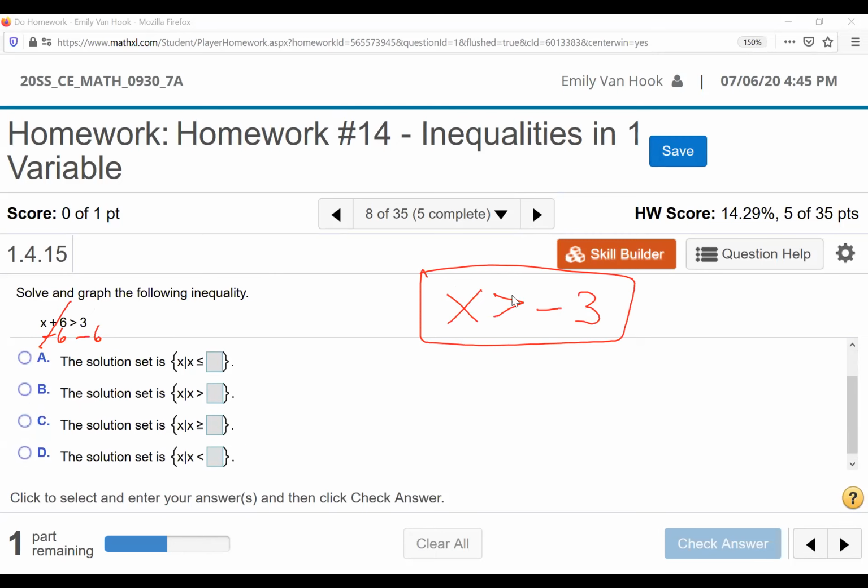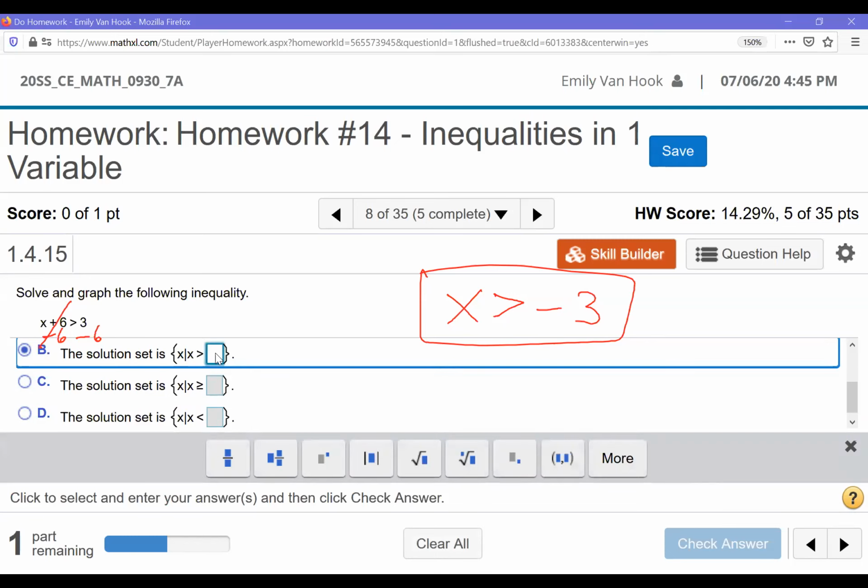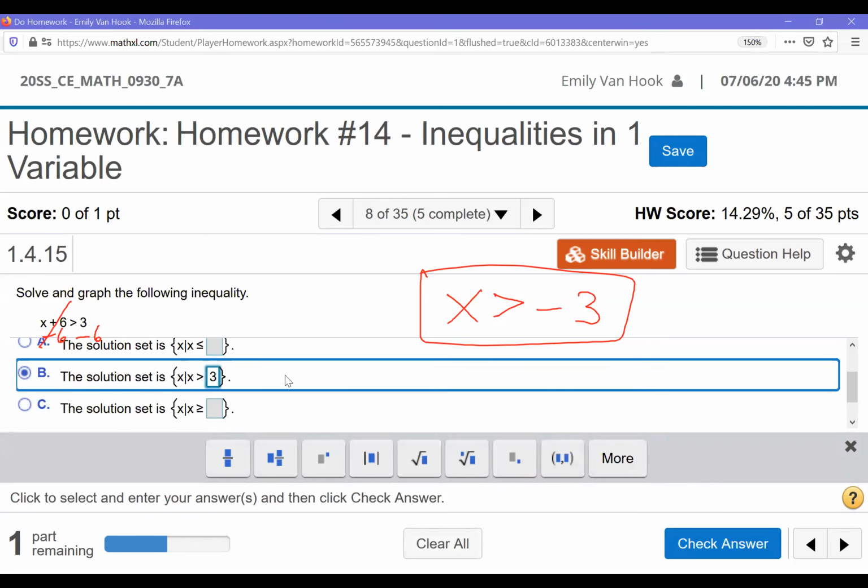We want the one that has the greater than sign. So you can see there's one of each inequality symbol: less than or equal to, greater than or equal to, and less than. So in this case, I'm going to choose choice B, and then I'll just type in the number 3. Okay, so it's already in that set notation, the set of all x such that x is greater than, oh, and it's actually negative 3. Oops, almost forgot that negative.